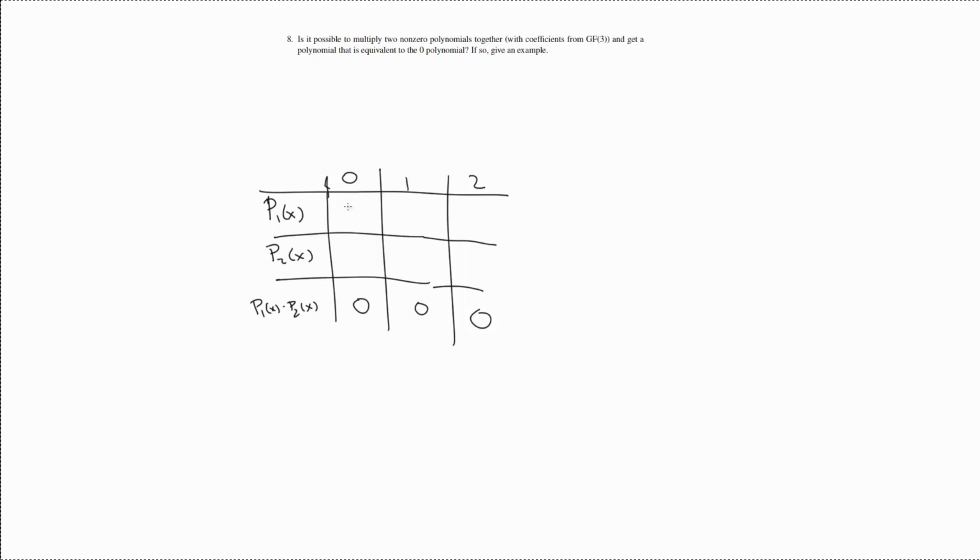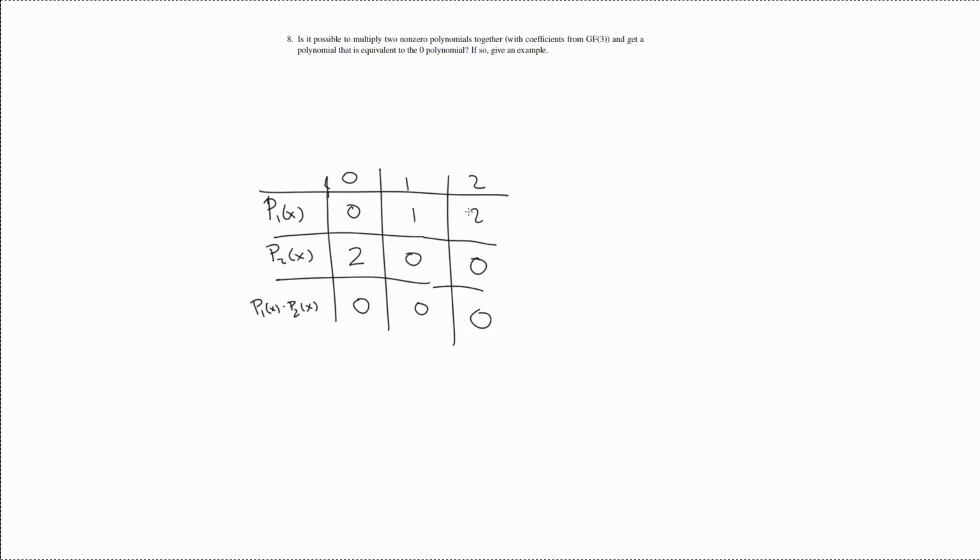So let's just arbitrarily fill in some of these blanks. So let p1 of 0 be 0, p2 of 1 be 0, and let's just have p2 of 2 be 0. Now, p2 of 0 must be non-zero, otherwise it would be the 0 polynomial. So let's fill in 2 here, and let's just fill in 1 and 2 for p1.